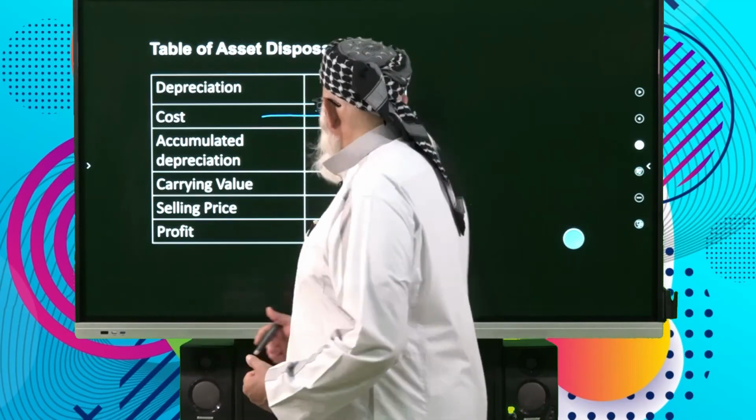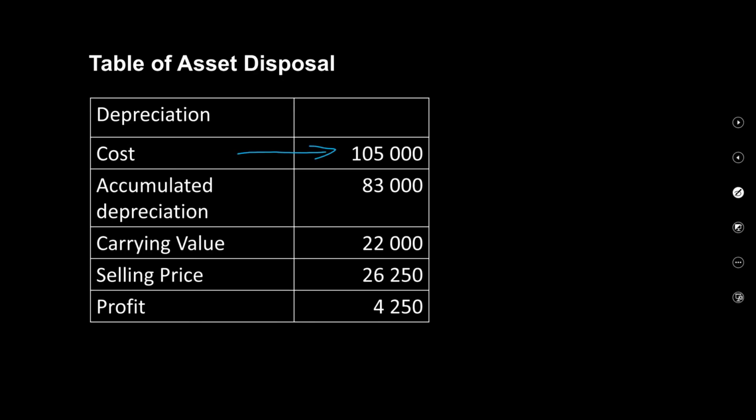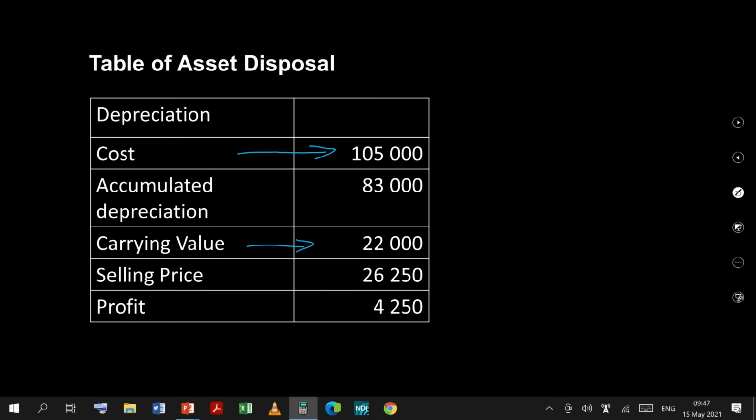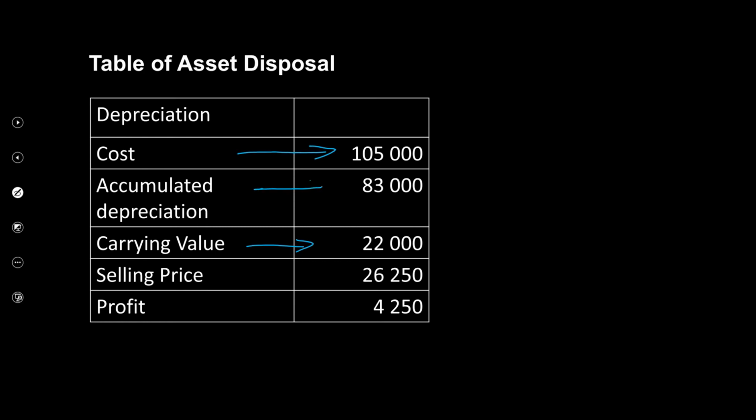Then, the accumulated depreciation. Now let's put in the information that we have here. We know that the carrying value was 22,000. So we take the 105,000 minus the 22,000 to give me a figure of 83,000 Rand. That's your accumulated depreciation of 83,000 Rand.